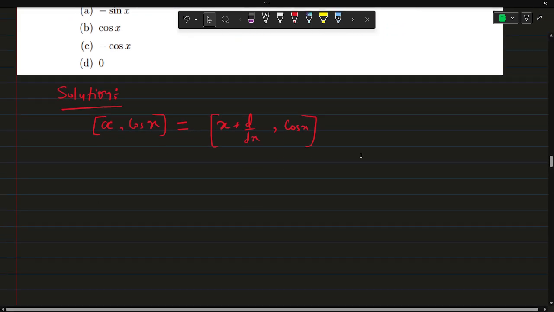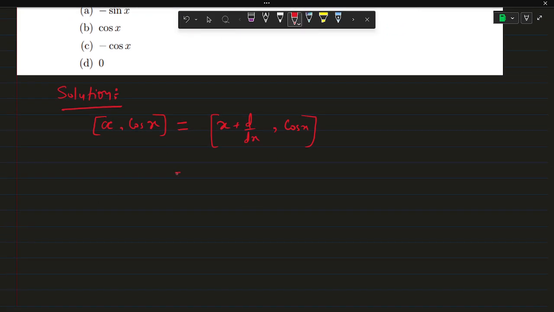We can write it as x cos x plus d upon dx cos x. As x is a smooth function, this commutation should be 0, so this will give us 0. And then what we are left with is the commutator of d upon dx with cos x.